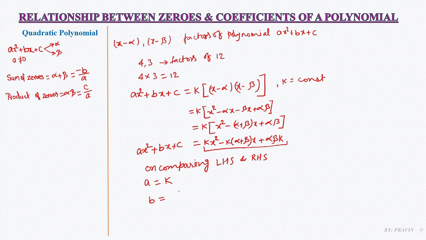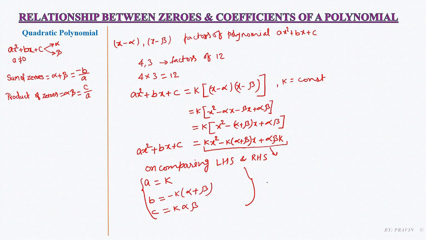Similarly, b is the coefficient of x, and here the coefficient of x is -k(alpha + beta), and the constant term here is c, while the constant term on this side is k times alpha times beta. After getting all these coefficients, you can find the same relation.